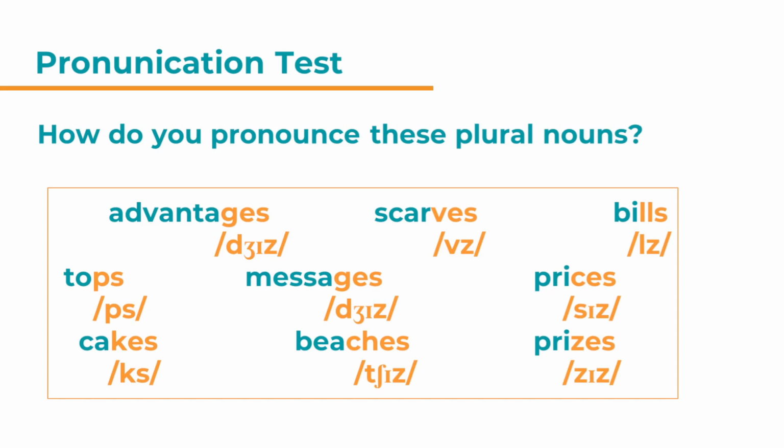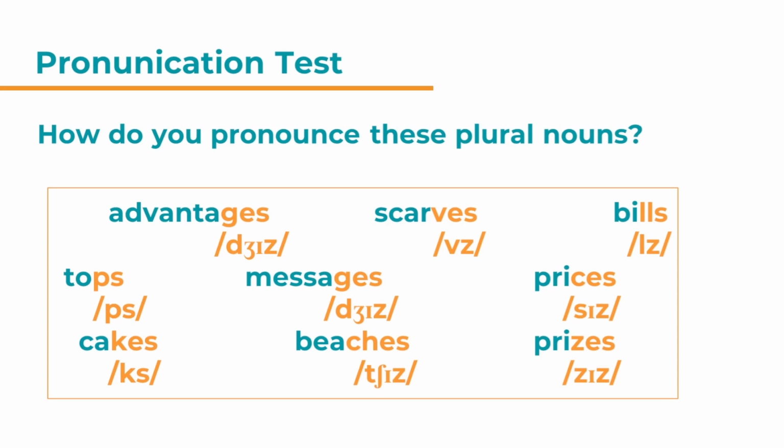Advantages, it's "jiz". Scarves has vz, voiced ending. Bills, lz, also voiced. Tops, ps, unvoiced ending. Messages, "jiz", all voiced with "iz".